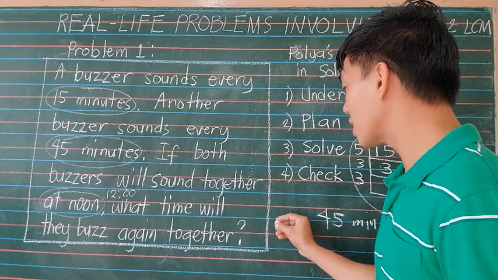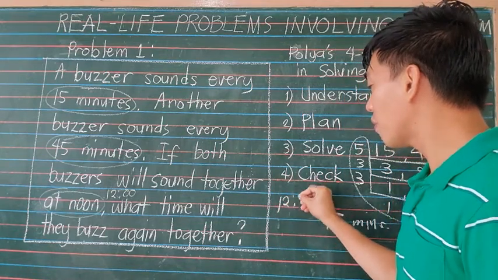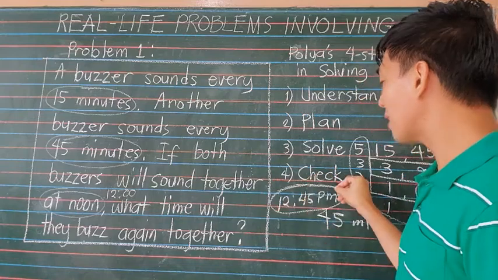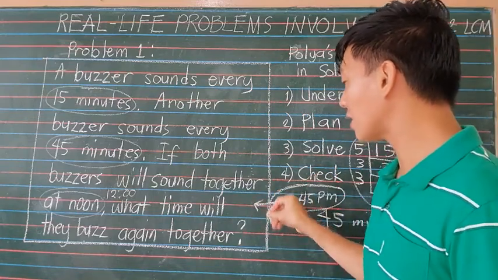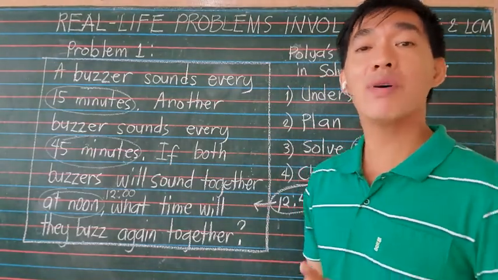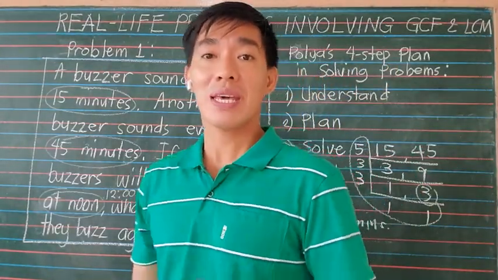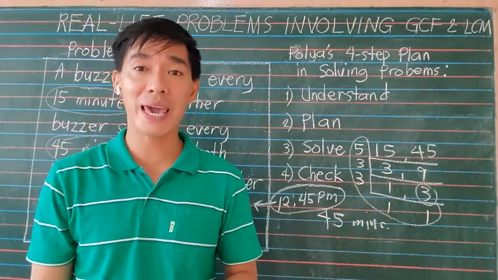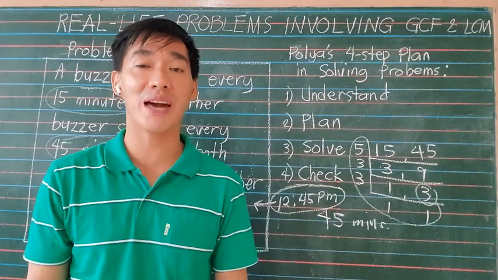So, that is 12:45 p.m. But let us also emphasize that it should be p.m. 12:45 p.m. is the next time that they will buzz together. It should be p.m. because afternoon time is already afternoon.